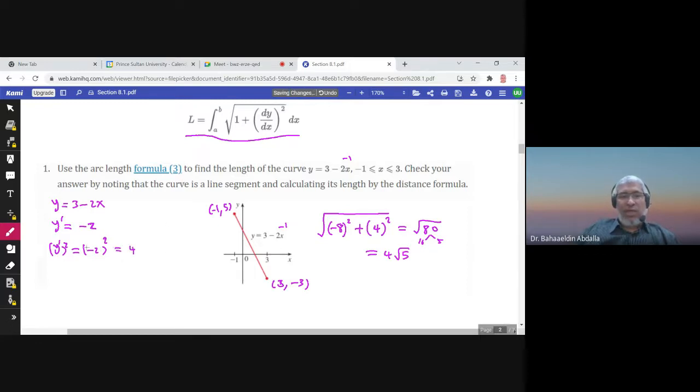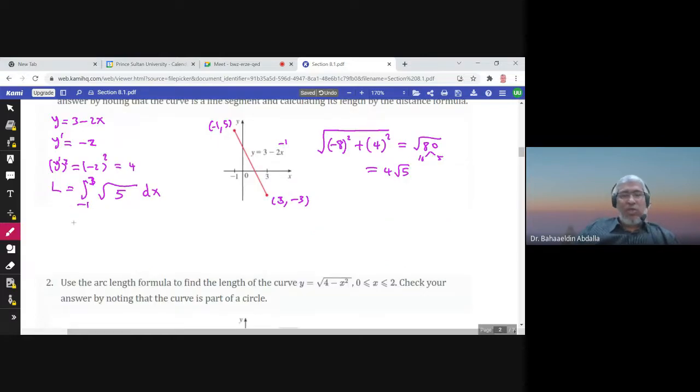And then L would be the integral from x changes from negative 1 to 3, square root of 1 plus y prime squared. So 1 plus 4, that's 5, dx.